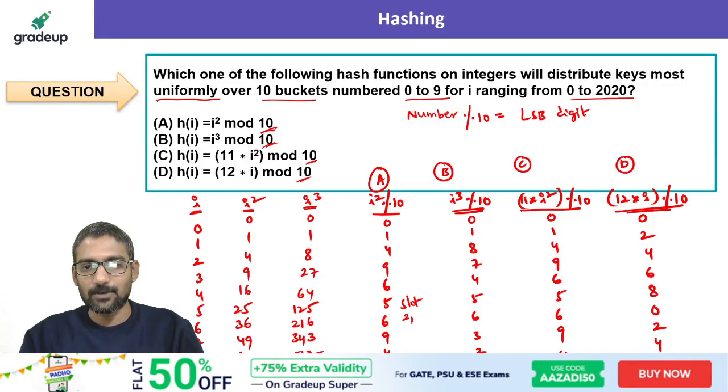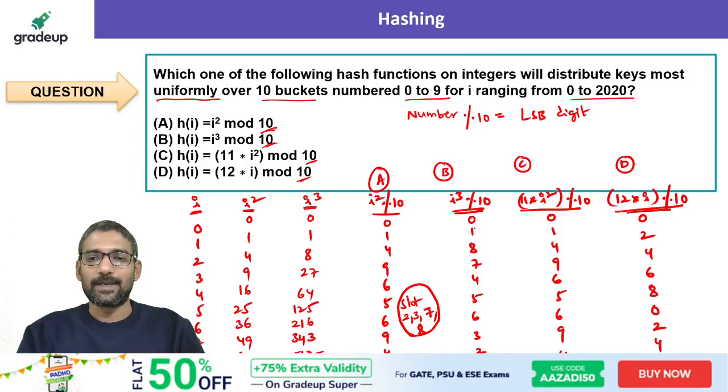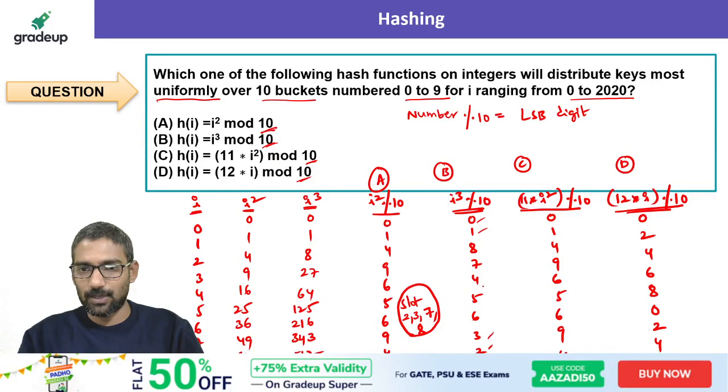You don't find slot 2 here, slot 3 here, slot 7 here, slot 8 here. You see 1, 4, 5, 6, 9, 0 are there. So for slots 2, 3, 7, 8 you are not placing any item. You look at option B: 0, 1, 2, 3, 4, 5, 6, 7, 8, 9. Yes, it is placing the keys in all the slots.